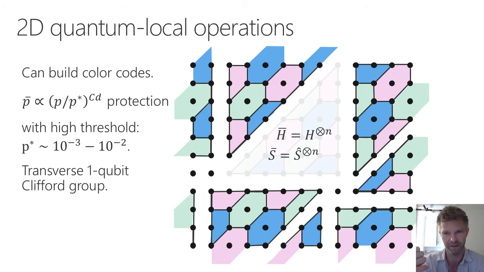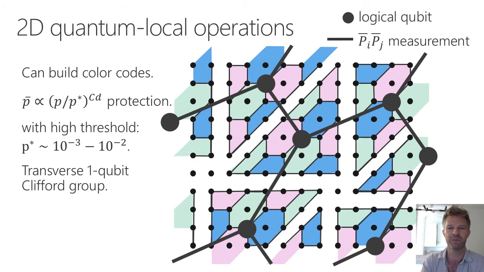This is an example of a transversal gate, which I mentioned earlier, and you can see that these are fault tolerant naturally because they don't spread errors. We're addressing each individual qubit separately, and therefore some error in some region will not spread to other regions, and that's why these gates are fault tolerant.